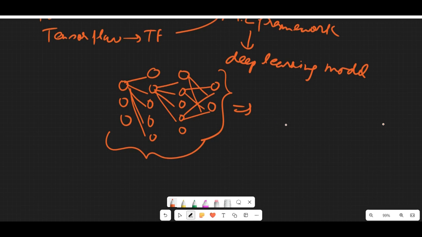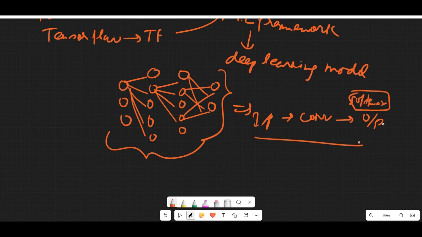We can add different layers from the input layer to some middle layers, so let's say convolution layers, and then at the end we have the output layer, and there are some softmax functions and activation functions that can be used, right?